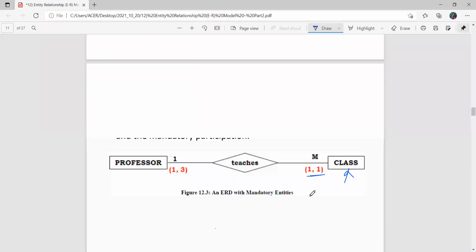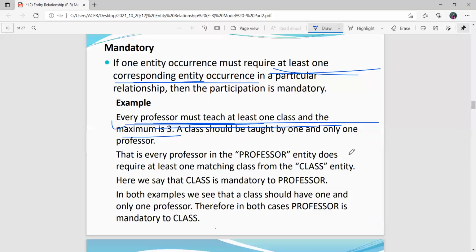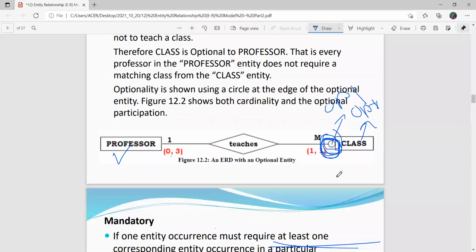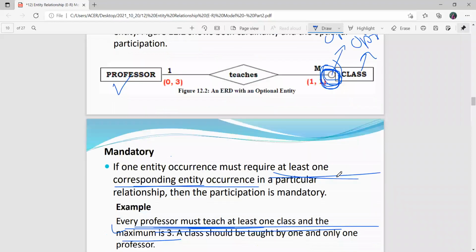Okay, is it clear? This is the optional case. In this optional case, one entity occurrence does not always require a corresponding entity occurrence in a particular relationship. But when we consider the mandatory case, one entity occurrence must require at least one corresponding entity occurrence in a particular relationship.